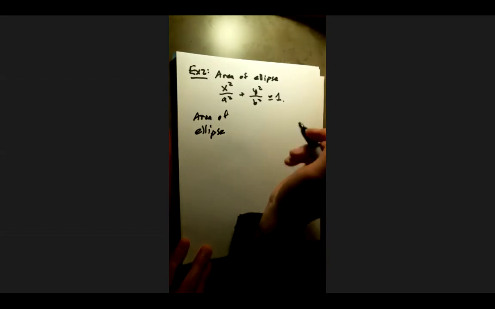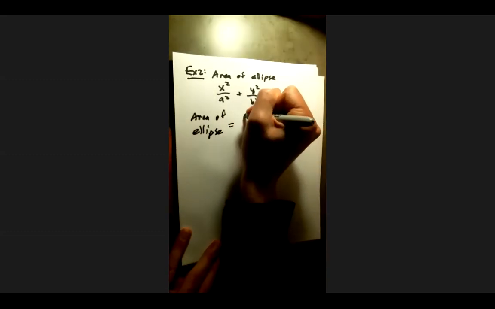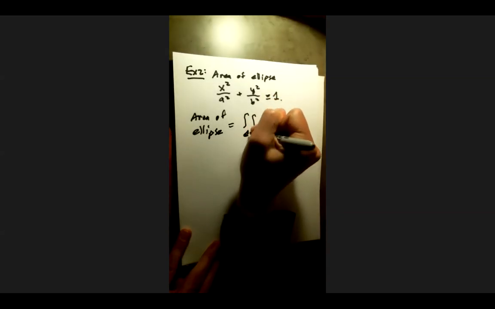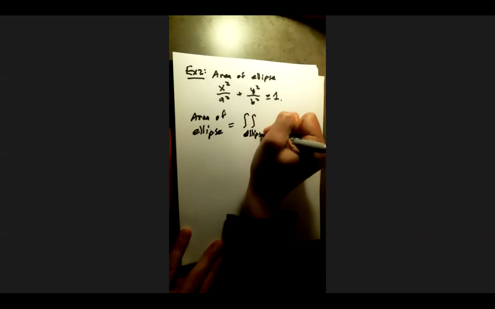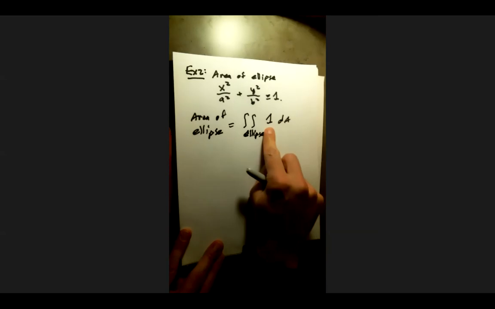That better? Yep. So the area of the ellipse in general would be the double integral across the ellipse of 1 dA. Why is it 1?